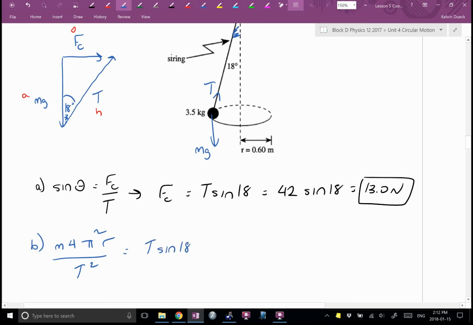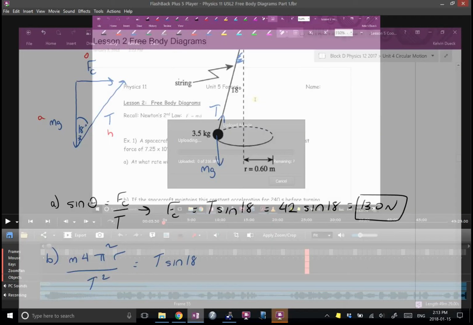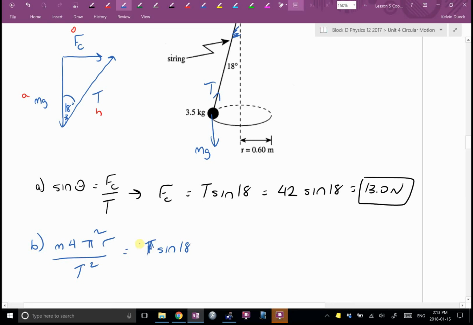Uh-oh, what's the problem here? What's this T down at the bottom here? Period, measured in seconds. What's this T here? It's a force, measured in newtons. So I'm going to scribble that out and call it Ft, so I don't get mixed up.